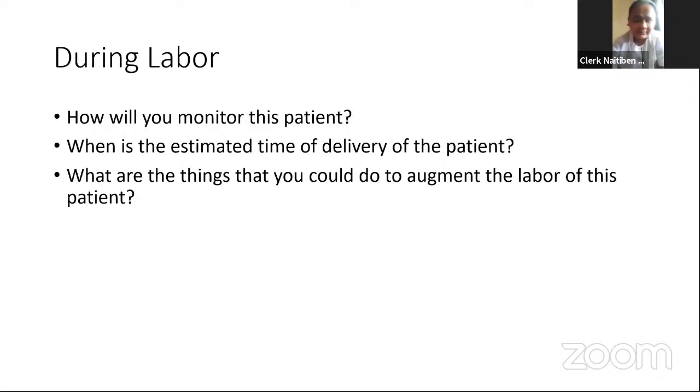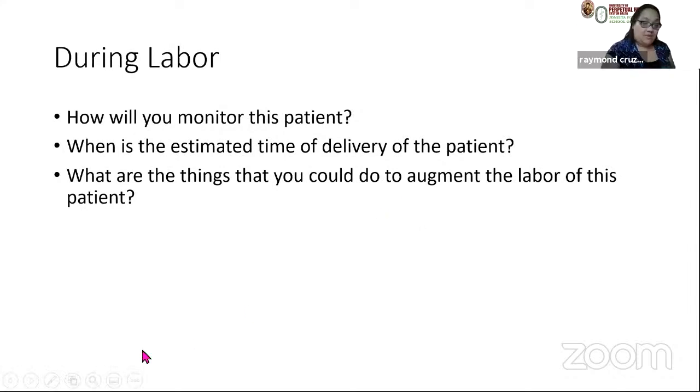So as we have mentioned, to augment the labor, we use oxytocin. Other things that we do to augment the labor would not be found in your Williams. Nowhere will you see Buscopan to augment the labor, or other things that we do at the delivery room.